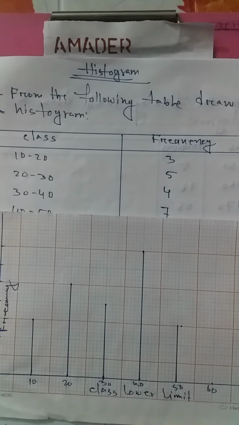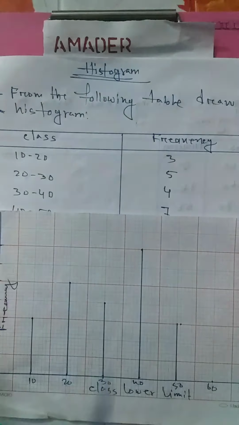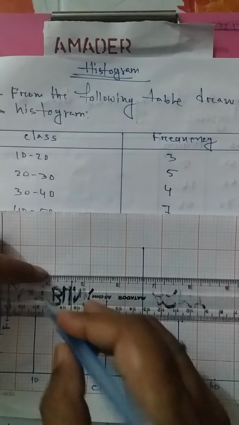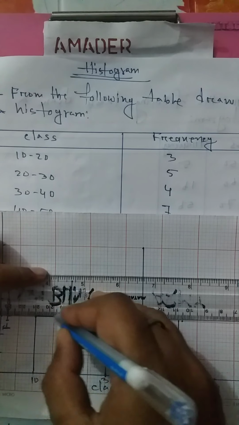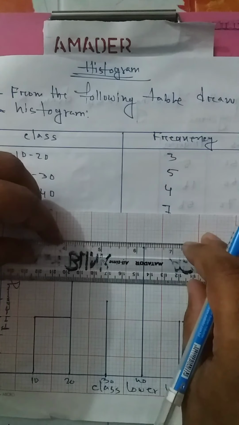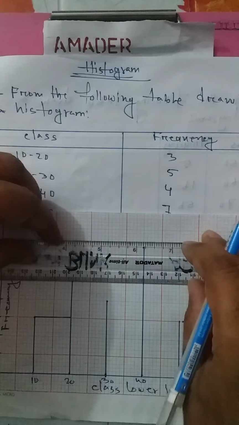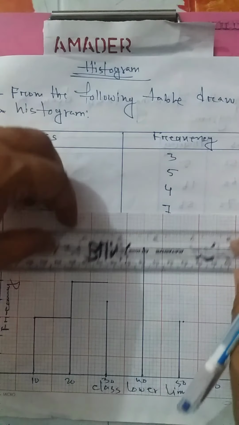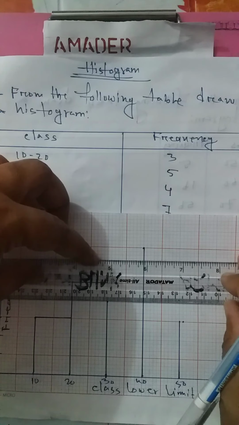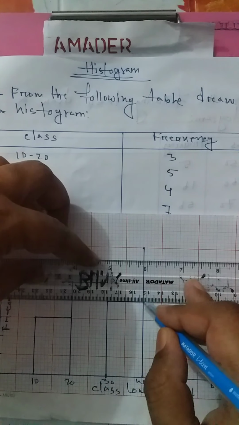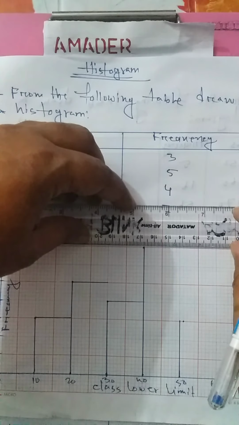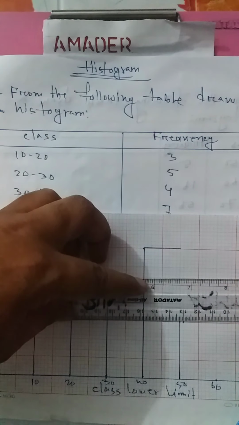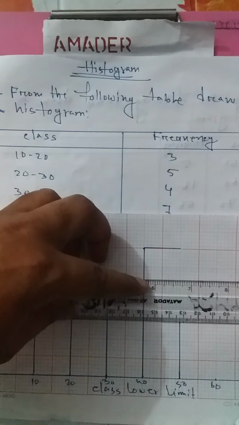Now add the 10 to 20 class at the right hand side, and 40 to 50.